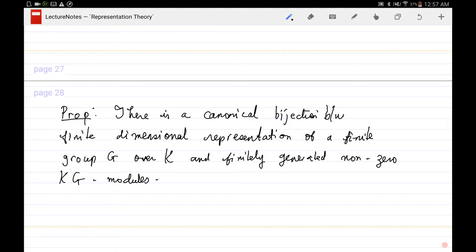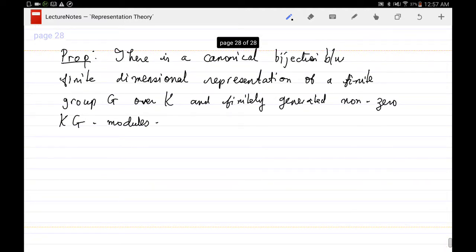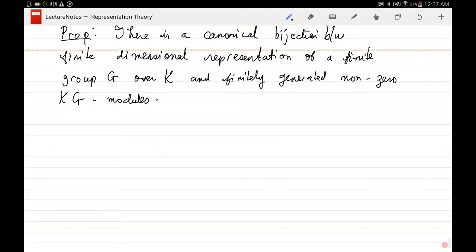Okay, so what is a KG module? Well, we know what a module is. We've been referring to A modules, where A is a K algebra. So KG must be some sort of algebra. And if you remember from the second video, where we were introducing examples of representations, I introduced the left regular representation.